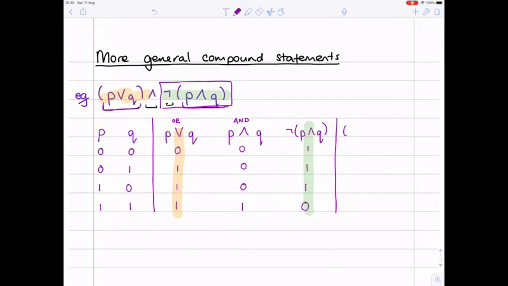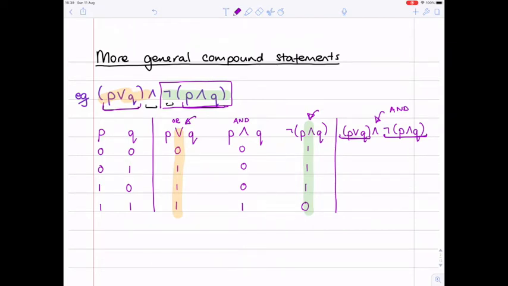And finally we can work out the truth table that we actually want. Notice we need to combine our P or Q column and our not P and Q column with an AND. So we're using whatever we find in this column and whatever we find in this column and making the appropriate choice.